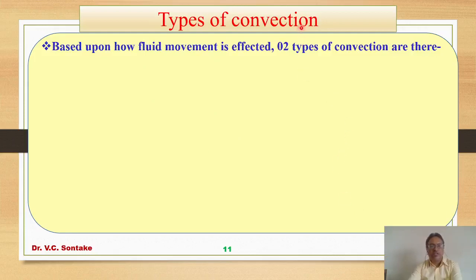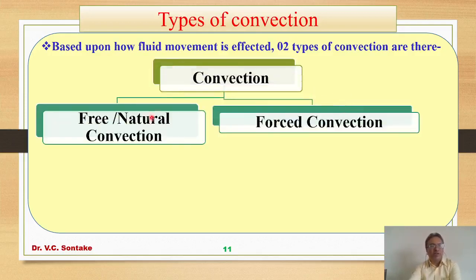Now, types of convection. As in the convection mode, fluid motion is involved. Fluid is moving. Now, how that movement is created, how that fluid movement is affected, based upon that, two types of convection are there. One is called free or natural convection, and the second is called forced convection.